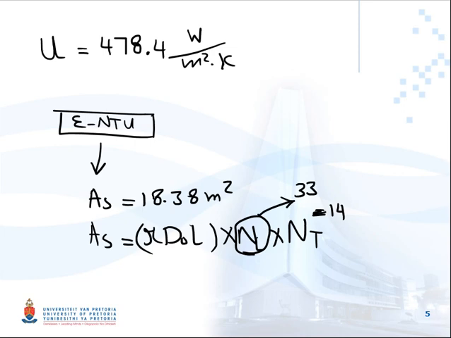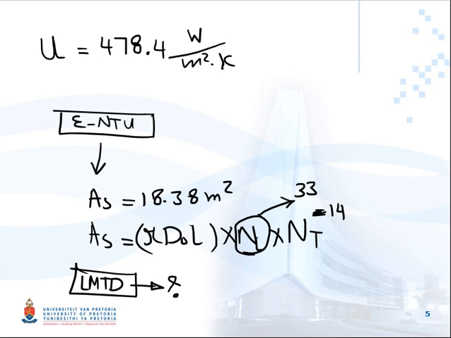Now what we are going to do today is do everything using the LMTD method and see if we get the same result. Why are we going to use the LMTD method? Because, if you remember, previously I mentioned that there are two methods, and you can use both if you have all the necessary information.